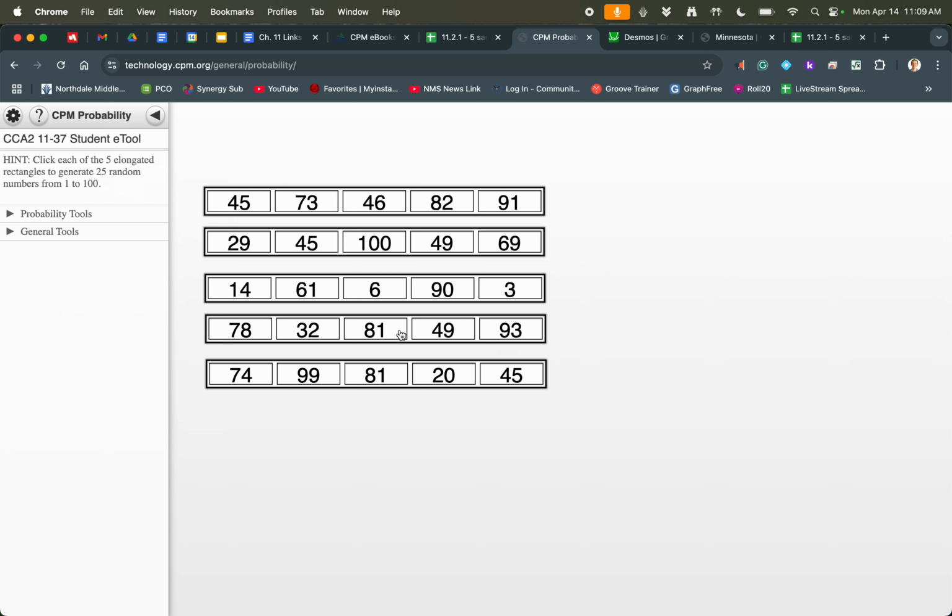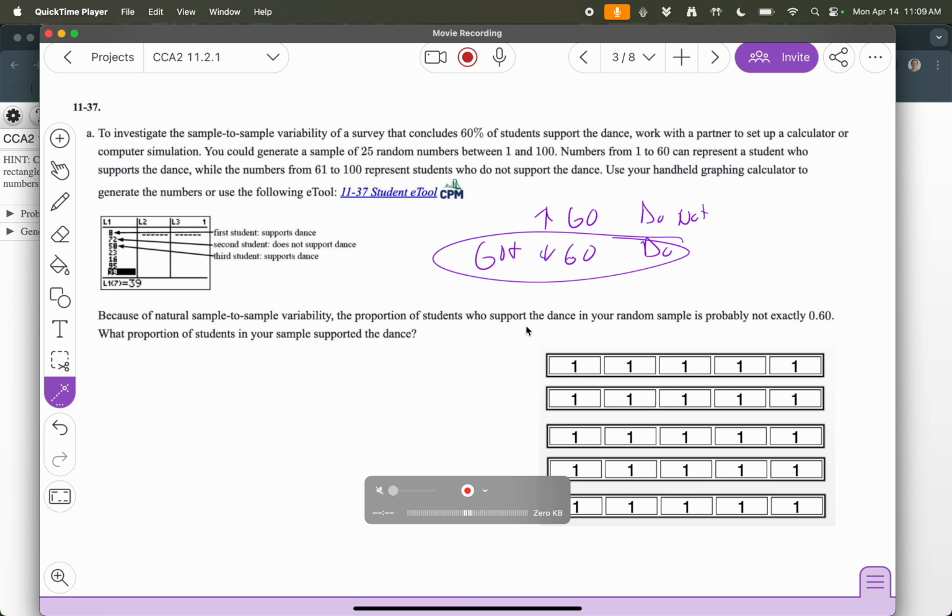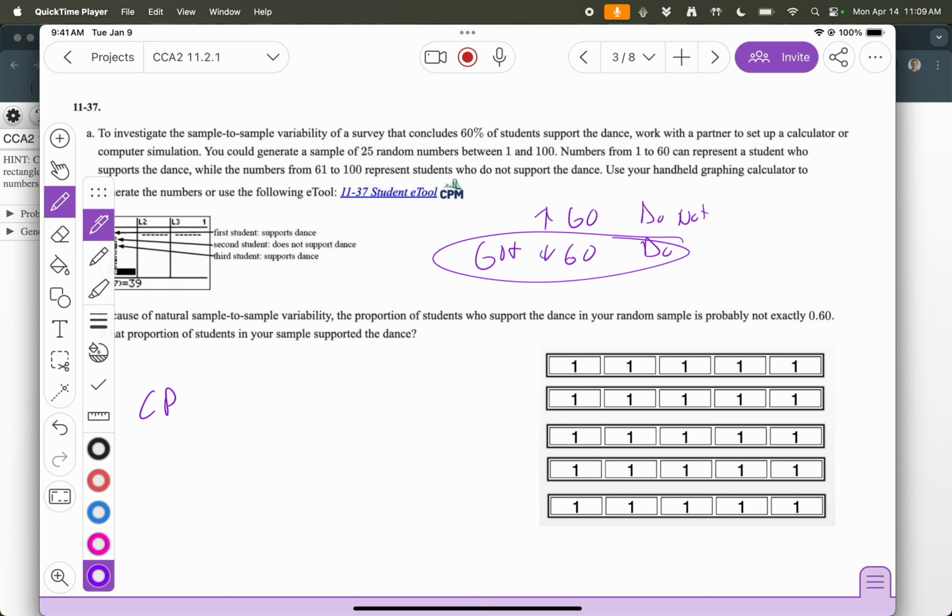So in this sample, we have 13 people. So in the CPM sample, we had 13 out of 25 that do not, which of course leaves us with 12. Is that math right? Yes. 12 out of 25 that do. Which might feel kind of crazy because it's over 50 percent that do not, and that is kind of right.